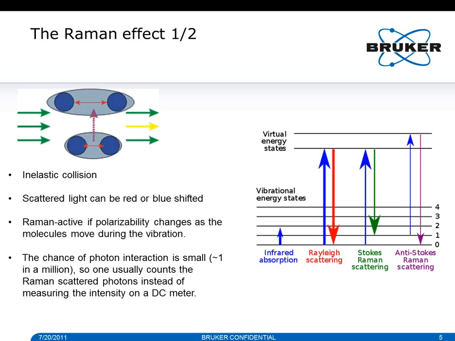Most of the light is not shifted at all. It's just scattered, leading to what's called Rayleigh light scattering. And that's one of the problems in Raman, is that the Raman cross-section, or the chance of an interaction, is actually quite small. So the signals that you get in Raman spectroscopy are quite small.